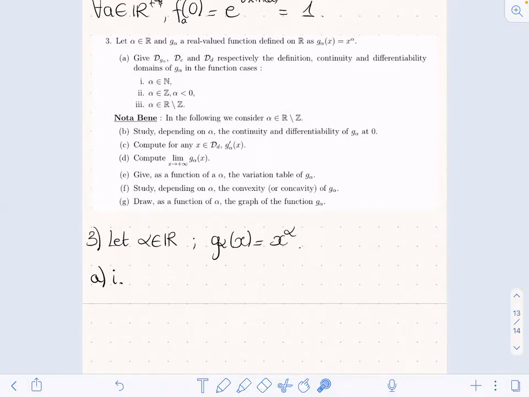If we take alpha in n, for example alpha equal to 2, where is this function defined, continuous and differentiable?